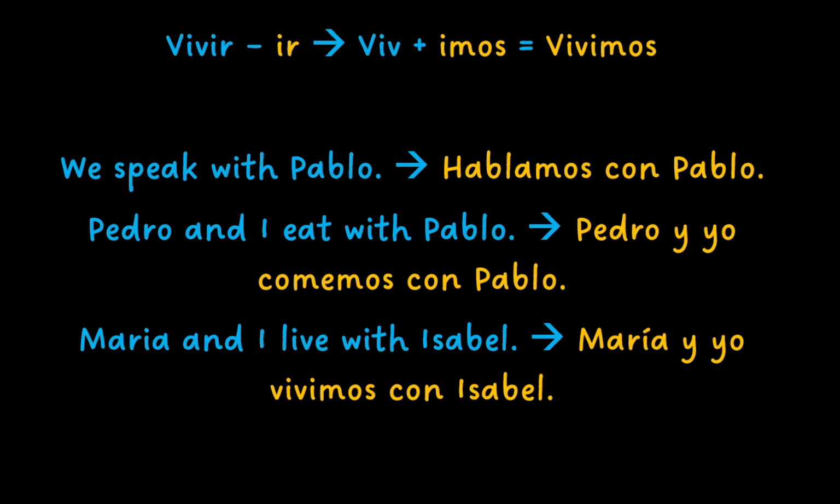We speak with Pablo is hablamos con Pablo. Pedro and I eat with Pablo is Pedro y yo comemos con Pablo. And Maria and I live with Isabel is Maria y yo vivimos con Isabel.